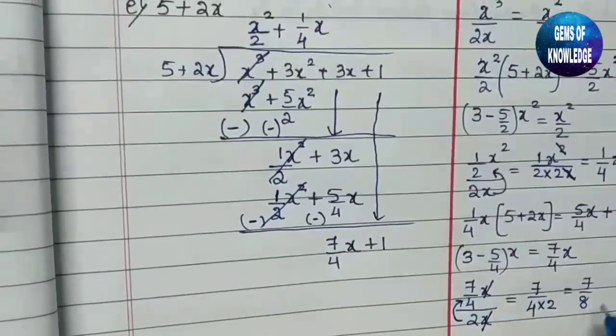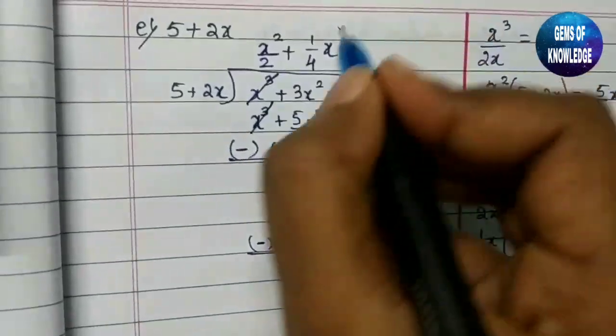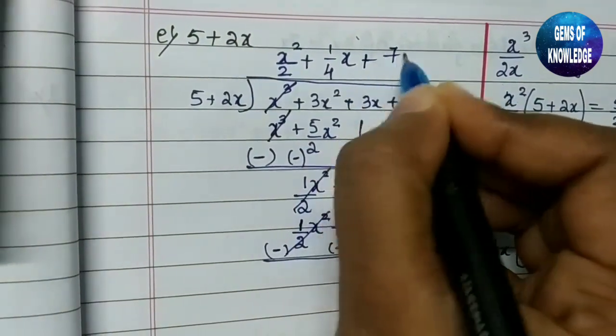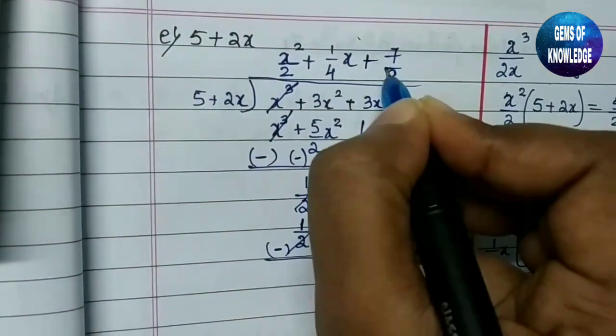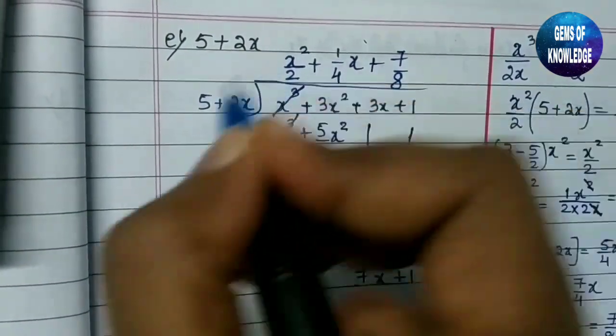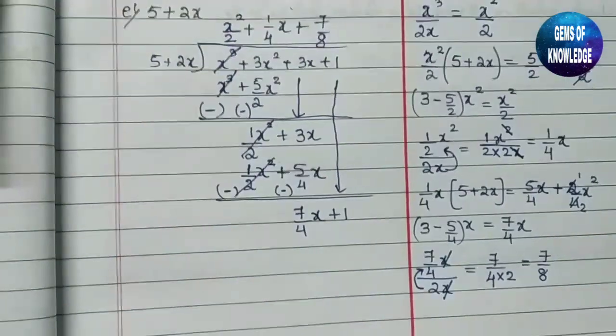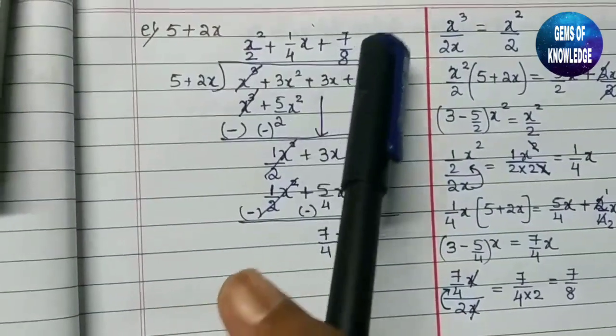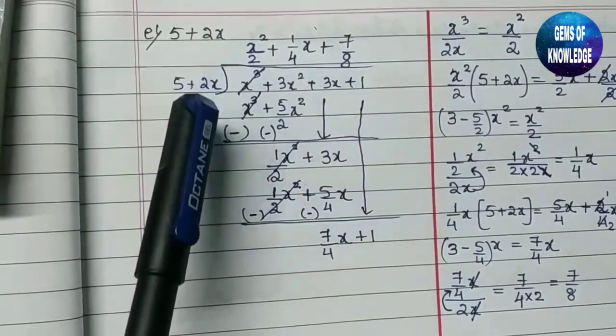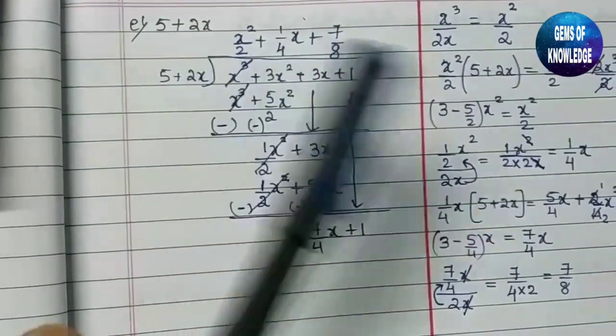Okay, so this 7 by 8 you are going to mention it into the quotient part, that is 7 by 8. So when you multiply this 7 by 8 with this 5 plus 2x, you need to multiply this 7 by 8 into this 5 plus 2x.